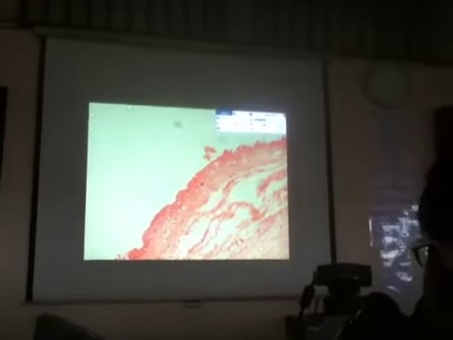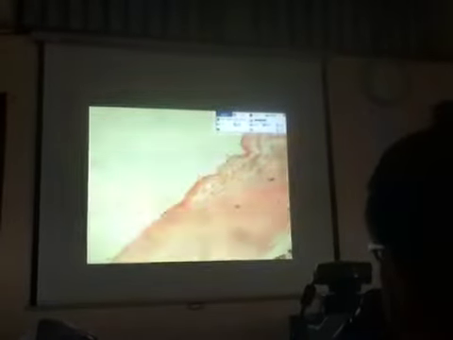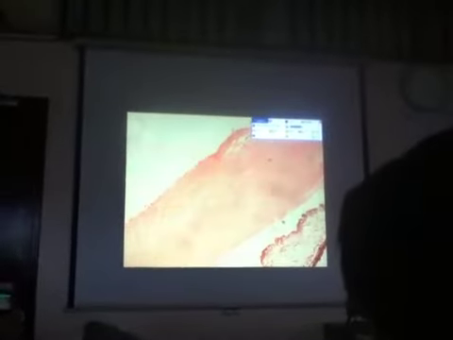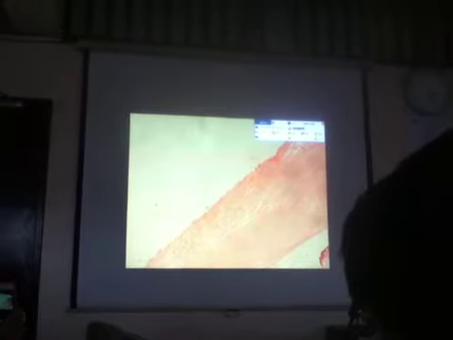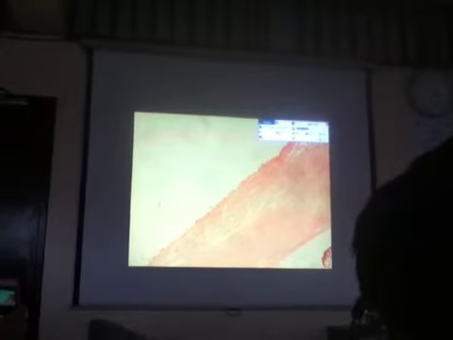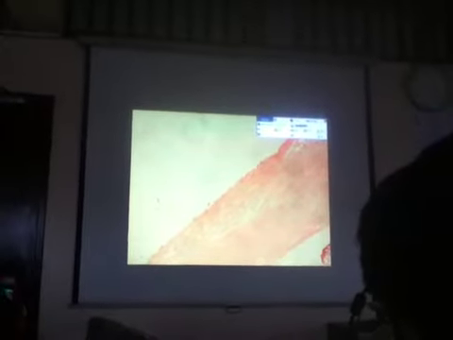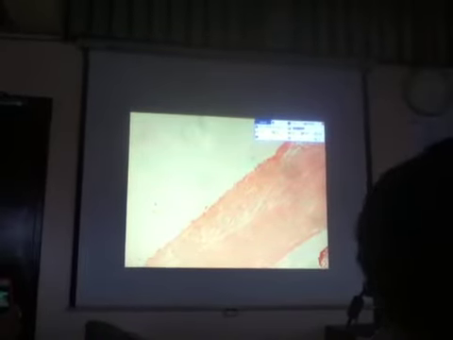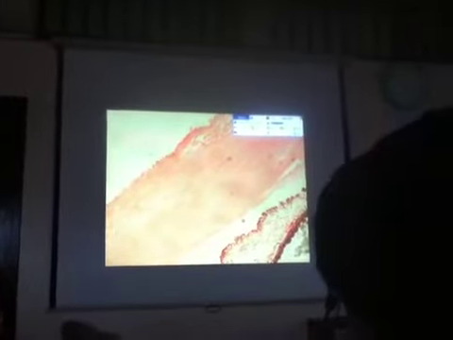However, do not be misguided when you will be examining this slide on your own later, because majority of the portions of the stratified squamous epithelium covering the cornea is eroded already. Ideally, the covering of the cornea should be composed of stratified squamous epithelium.